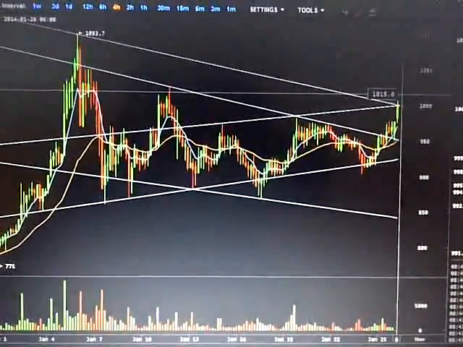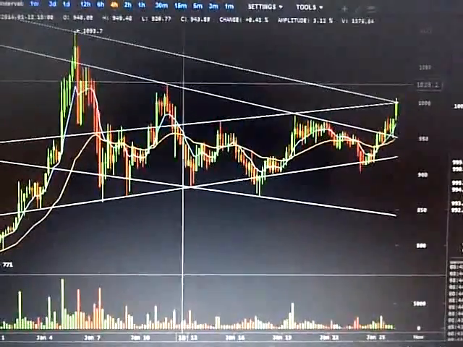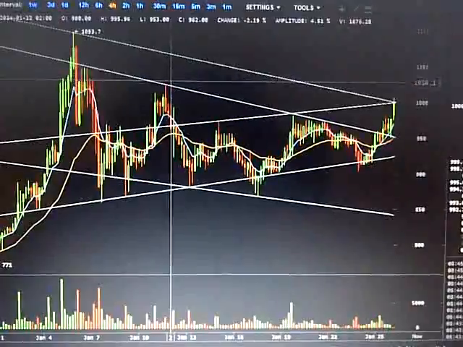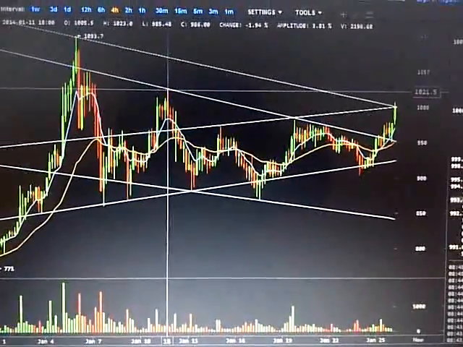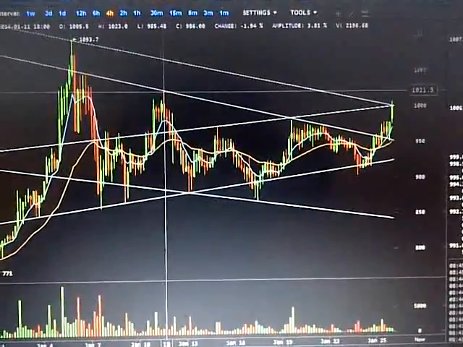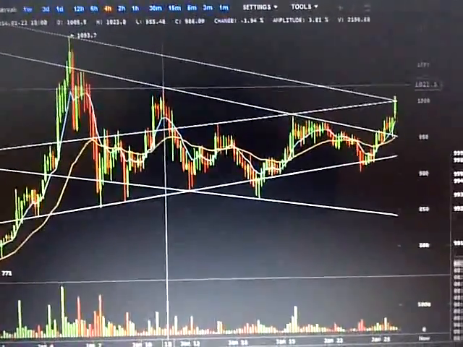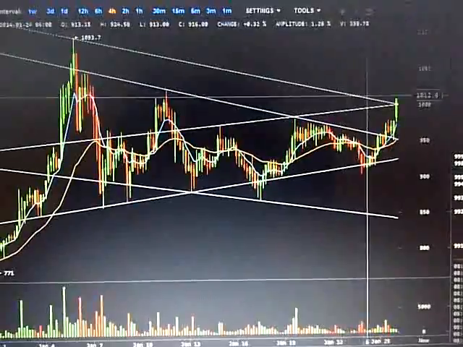resistance line. Okay, and not only that, but hopefully it can actually push above this price, somehow finish above this high right here, which is 1,010, about 1,010. So it really has to finish, and look, it's already doing that.